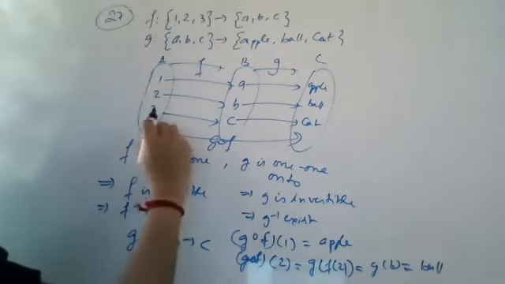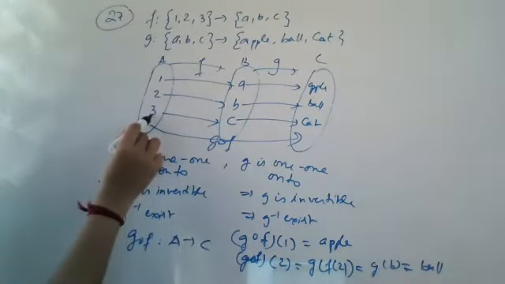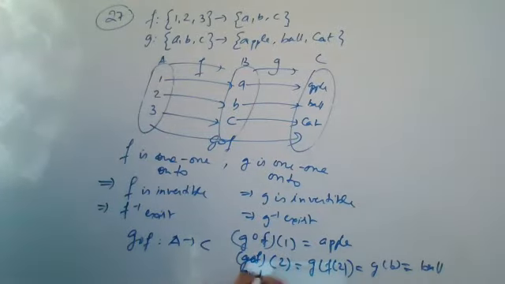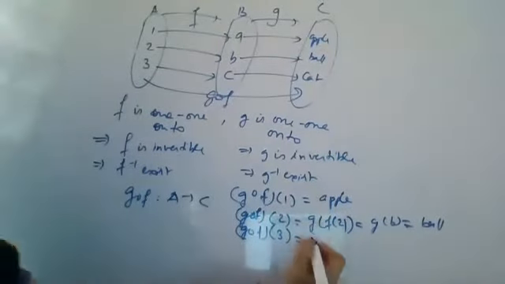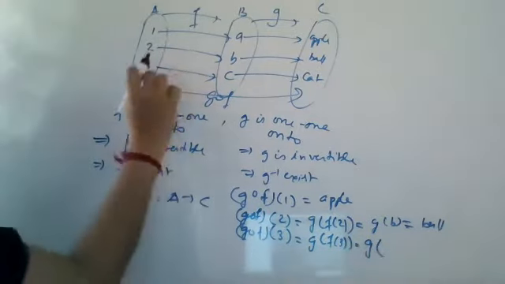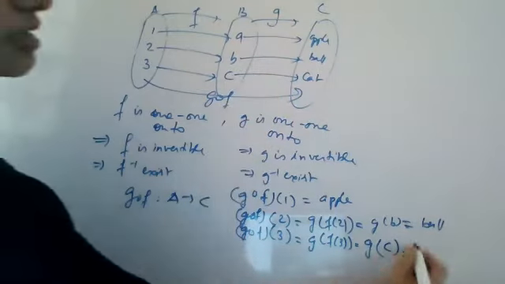If you look directly from here, you can see that 2 directly goes to ball. And g composition f of 3 will give you cat. That is g composition f of 3 is g of f of 3. What is f of 3? C. So g of C, and g of C is cat.